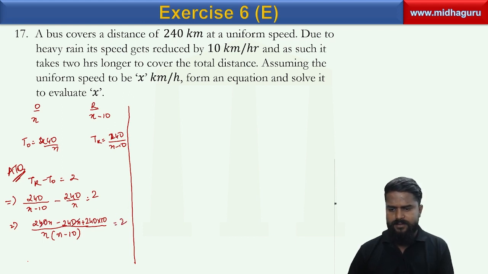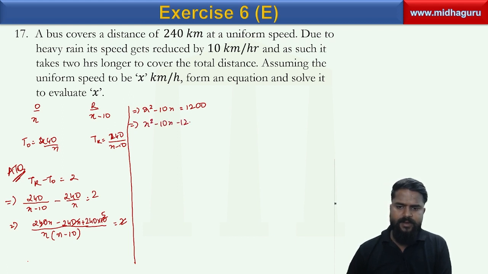Get cancelled. This can go into this 5 times. So now we have x square minus 10x is equal to 1200. So x square minus 10x minus 1200 is equal to 0.